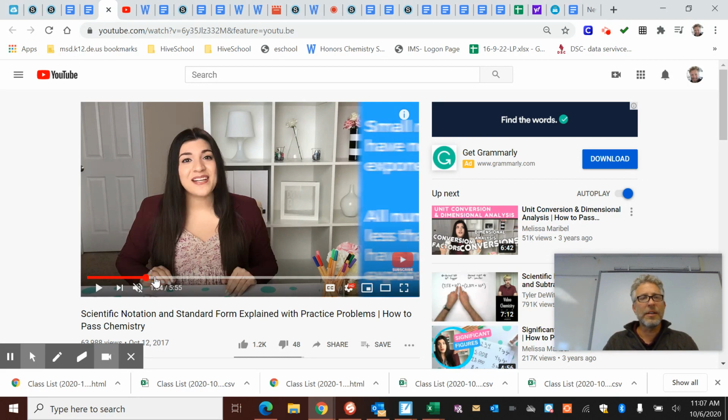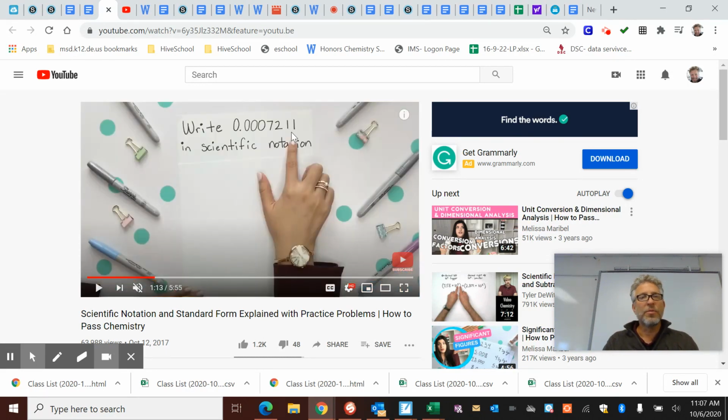She says, let's look at some example problems, right? So if I write this in scientific notation, the first thing I understand is that the decimal point must move to here, between the 7 and the 2, because I can only have one non-zero digit to the left of the decimal. So you decide that, and then you count over how many places the decimal must move. 1, 2, 3, 4 places. Now you know your exponent is a 4, and the next thing is, is it a plus or minus 4?